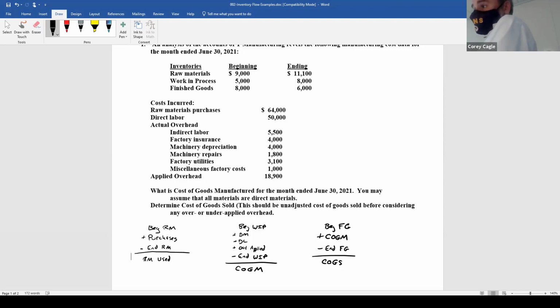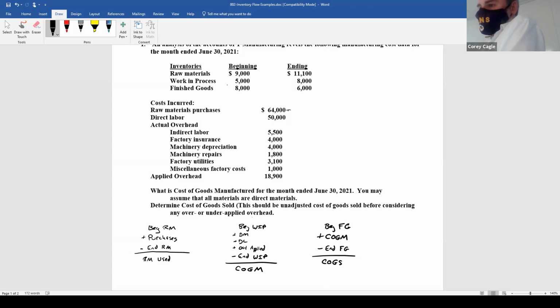All right, so once you know that, plug in numbers and solve. It's real easy. It's just adding and subtracting, right? The biggest thing you don't want to do is stick these raw materials purchases in right here. And I've seen it a million times because they're wanting to know cost of goods manufactured, and they'll put this formula down and be looking for beginning work in process, which they'll find.